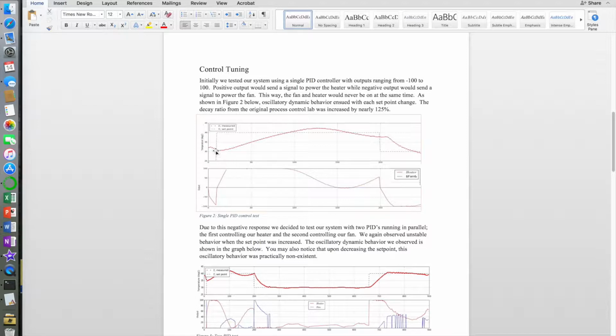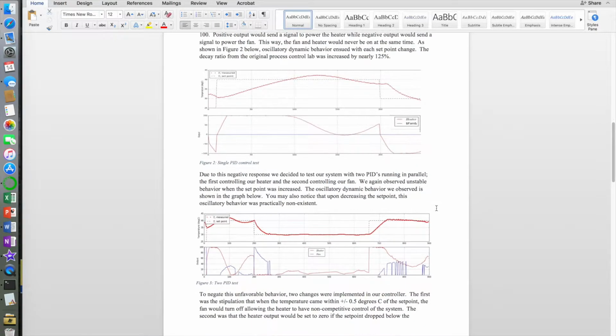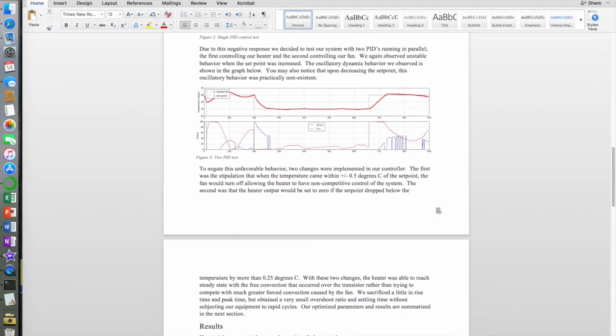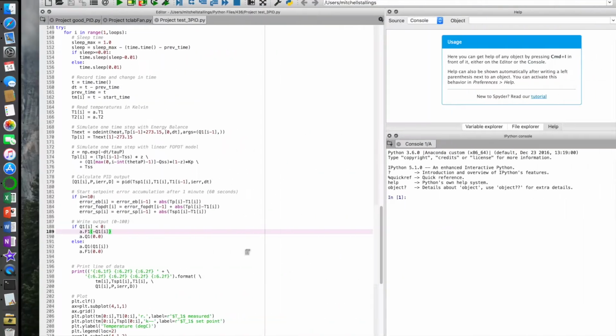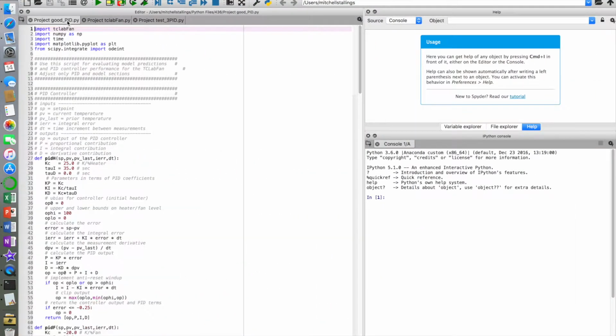As you can see, there's kind of a lot of random oscillation that happens right around the set point. From what we were able to tell by trying to tune the parameters, we weren't able to get rid of this oscillation. So because of that, we decided to make our system a little bit more complex by adding another PID controller, and this is outlined in this file right here.